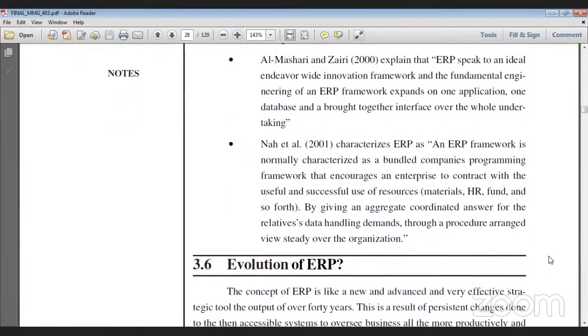So these are the definitions of ERP given. The next point is: what is the evolution of ERP? The concept of ERP, that is enterprise resource planning, is a new, advanced and very effective strategic tool, the output of over 40 years.